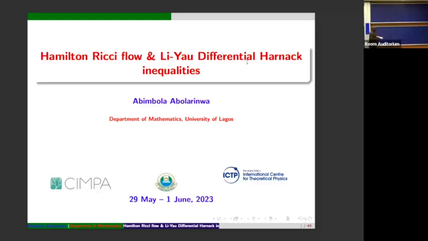Today is the last day, and we are going to discuss another analytical tool for studying Ricci flow. We will discuss the differential Harnack inequality and some entropy functionals, which enable us to see Ricci flow as a gradient flow.